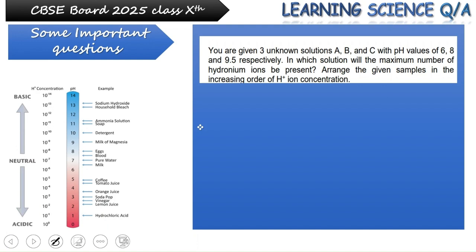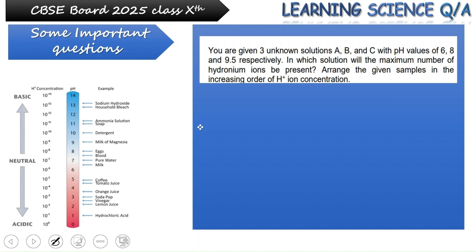So pH is represented as the negative log of hydrogen ion concentration. Hydrogen ion concentration is inversely related with the pH. More is the pH, less is the hydrogen ion concentration. Less is the pH, more is the hydrogen ion concentration.